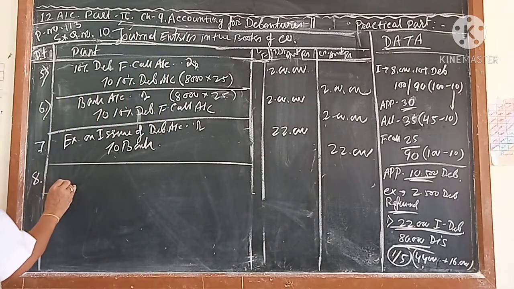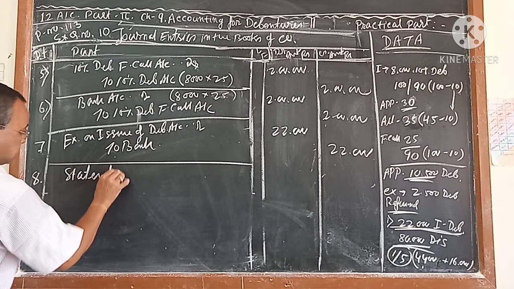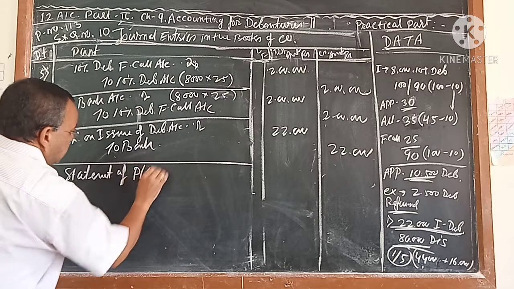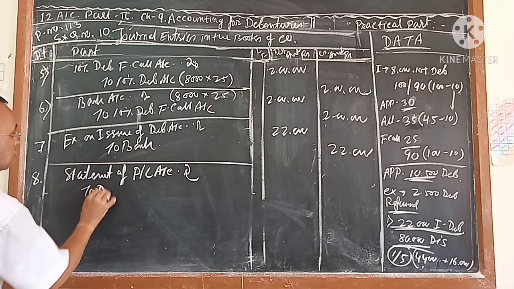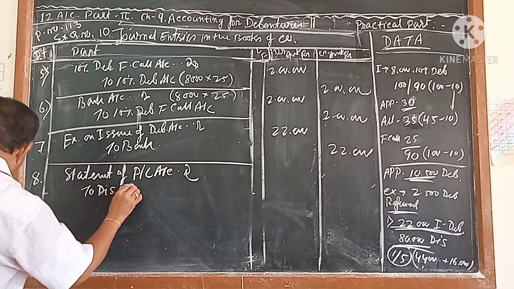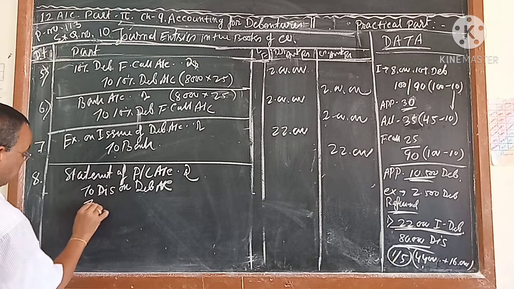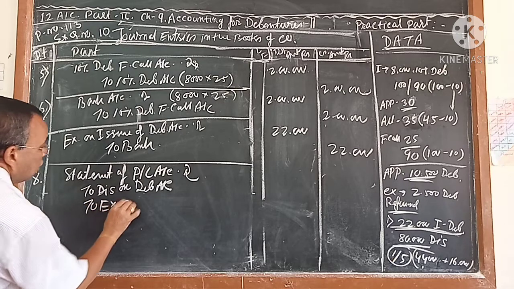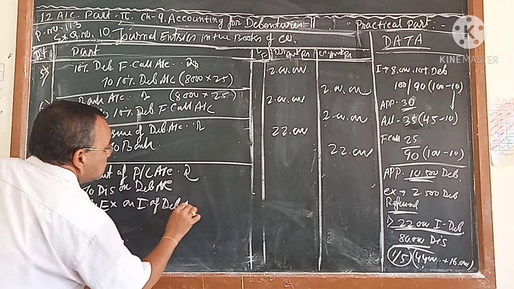So that journal is statement of profit and loss account debit to discount on debenture account and to expense on issue of debentures account.